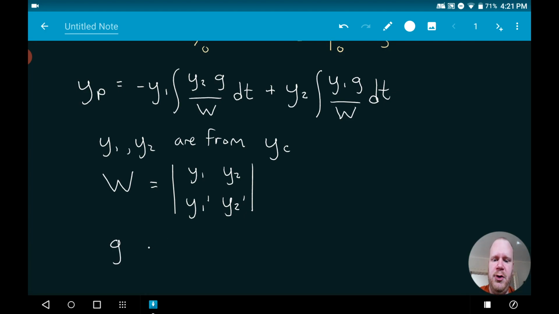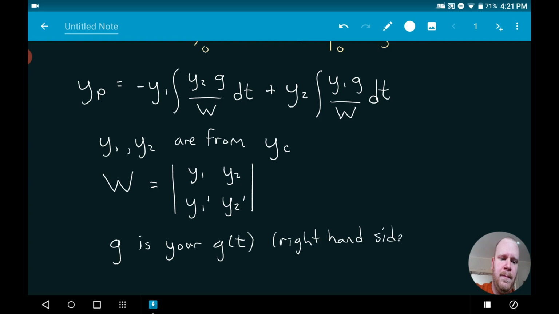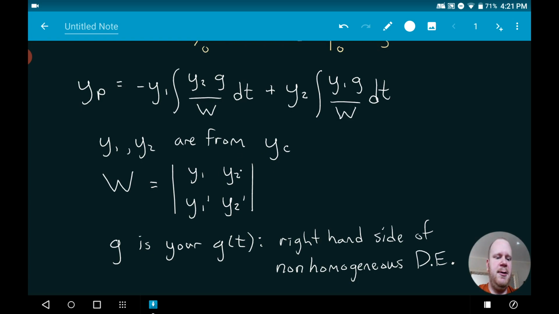And g is your g of t, which is the right-hand side of the non-homogeneous differential equation. So that's all the pieces.